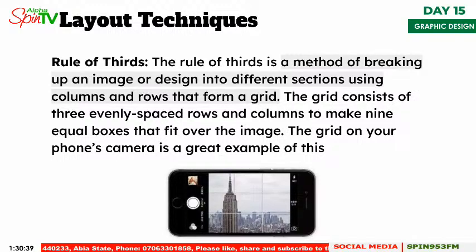Then, you say the rule of thirds is a method of breaking up an image or design into different sections using columns and rows that form a grid. If you see our grid, it's something like the rule of thirds also. The grid on your phone camera is a great example of this. You see, the grid consists of 3 evenly spaced rows and columns to make 9 equal boxes that fit over the image.